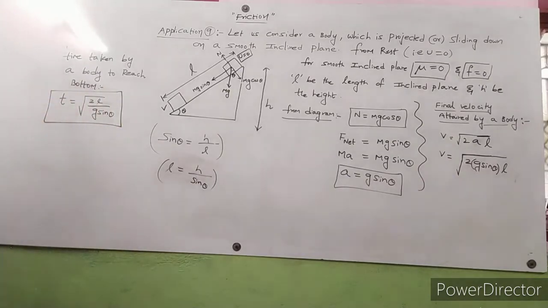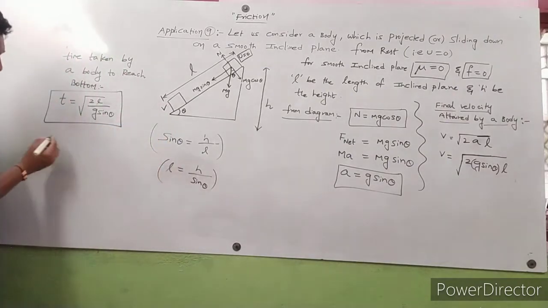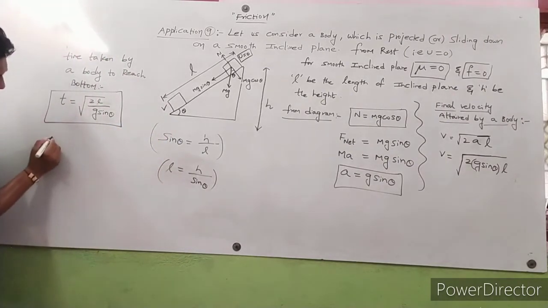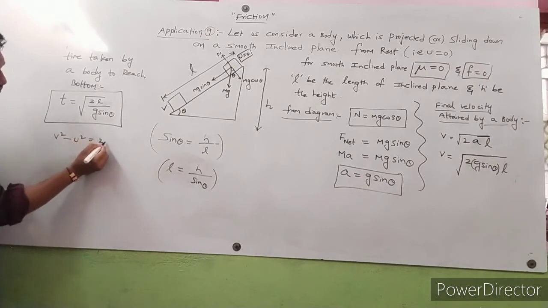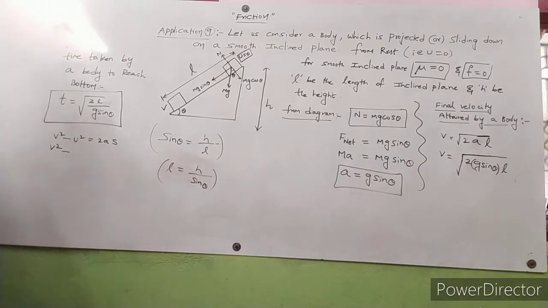Otherwise, if you have confusion, just derive. For this one, how to derive? V square minus U square is equal to 2aS.